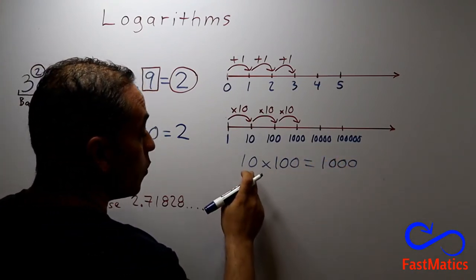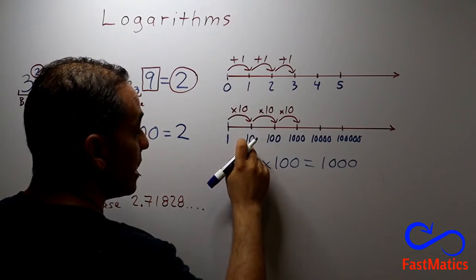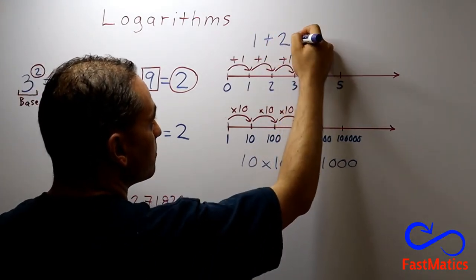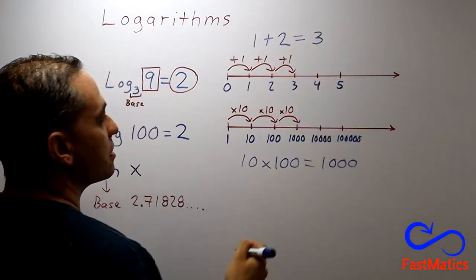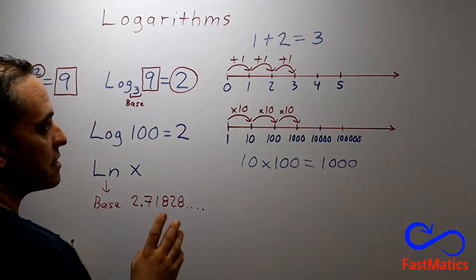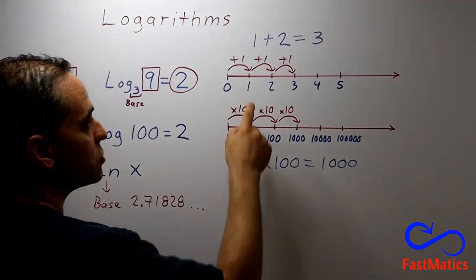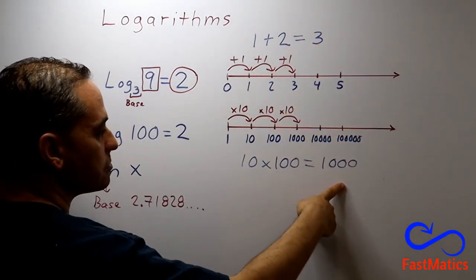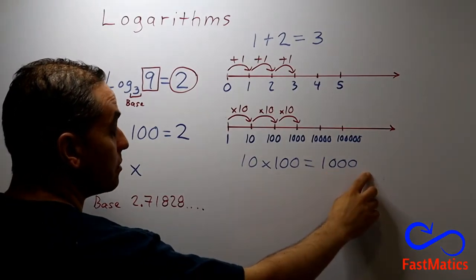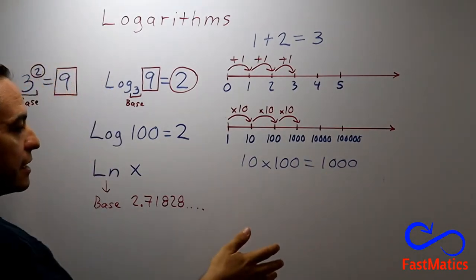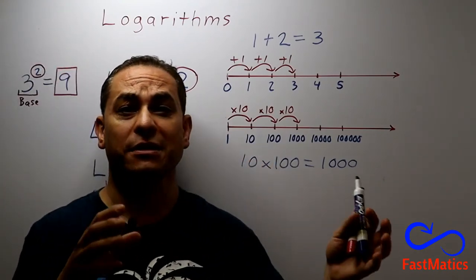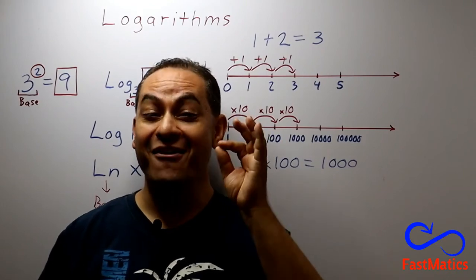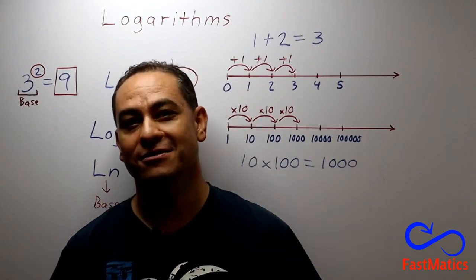But what if I take 10 to the power of 1, 10 to the power of 2, 1 plus 2 will give us 3. It is very easy to add 1 plus 2 and get 3, and after that to pass to 1000, because here you have 3 zeros, then to multiply very big numbers. That's why logarithms were a very good invention in ancient times.